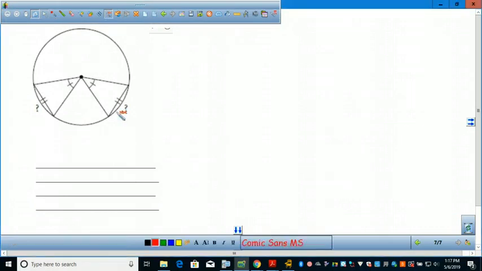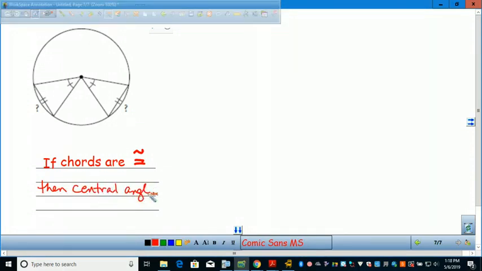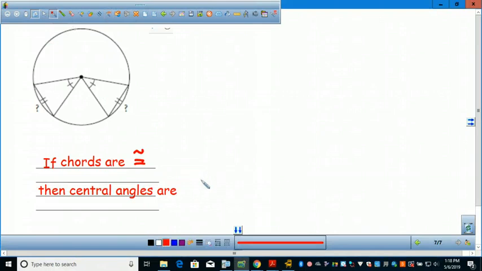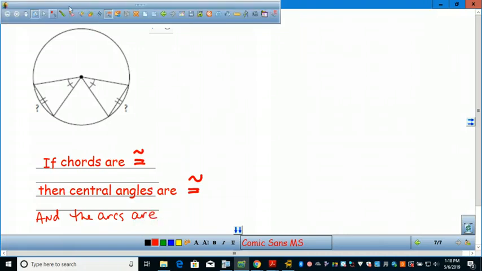Okay, on this one, if the chords are congruent, then the central angles are congruent, and the arcs are congruent.